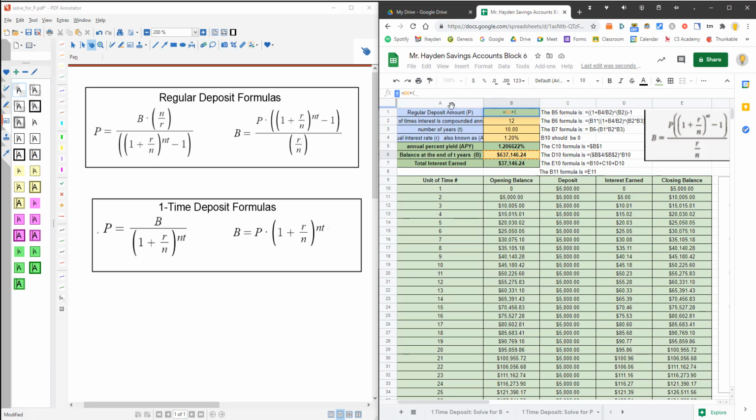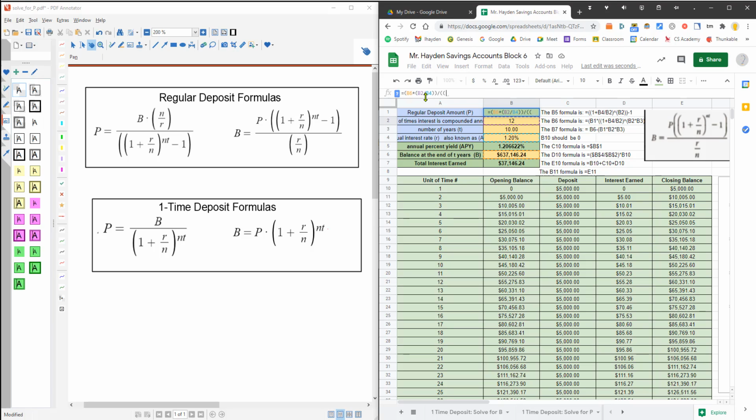So parentheses, n is 12, or B2, divided by r, which is B4. I put another set of parentheses around that whole thing. So B6 times B2 divided by B4 is my numerator, and then my denominator is going to be 1 plus r over n to the nt minus 1. I'm going to enter it just like it appears in the formula.